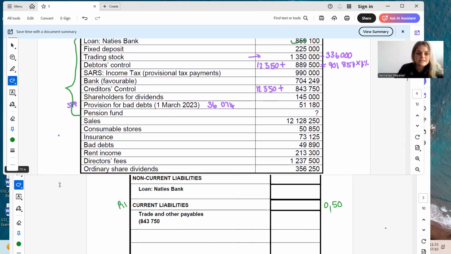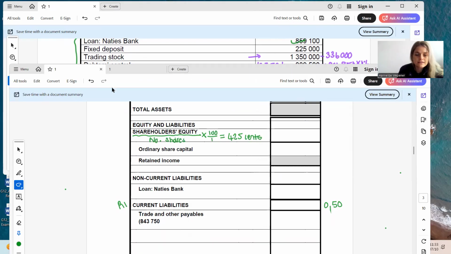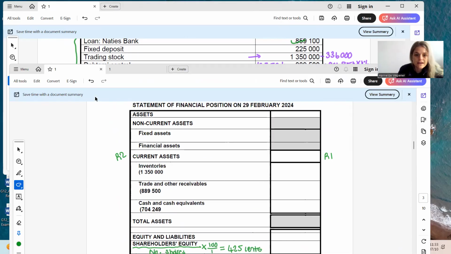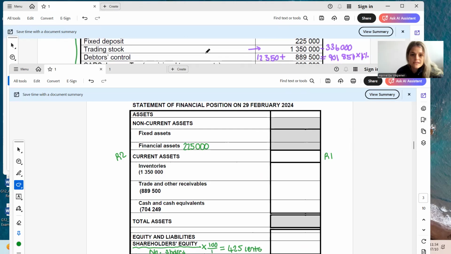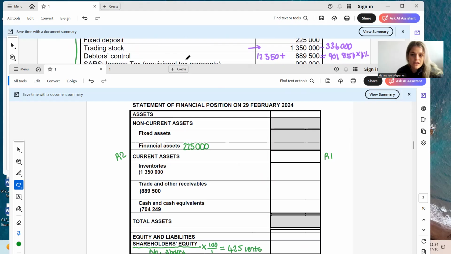Then the fixed deposit is currently at 225,000. Please also note that they said here, please don't give the final answer, so ignore the grayscale lines. Then trading stock, yes, we do have that, 135, so we're sorted. Debtors control started on 889,500, we have that.